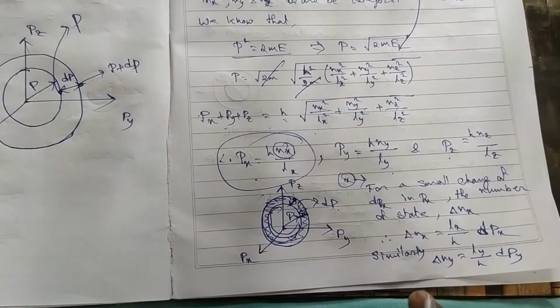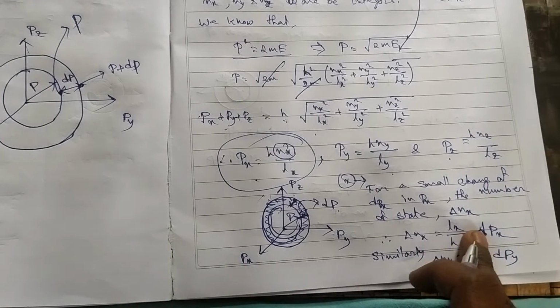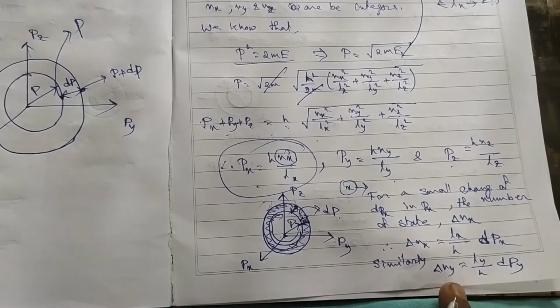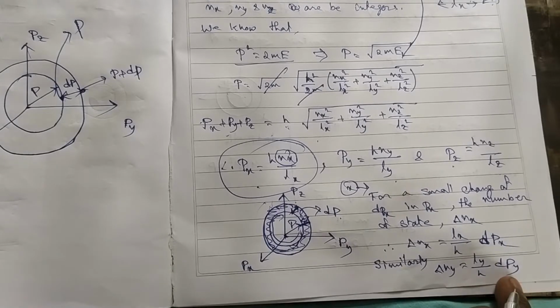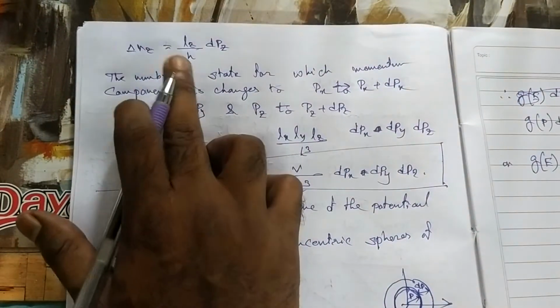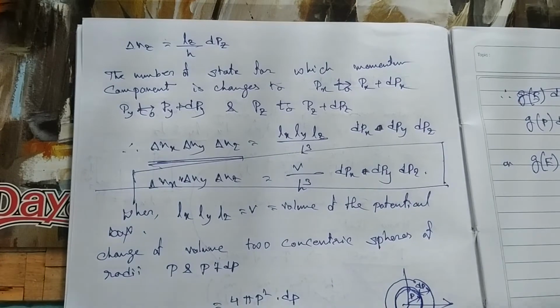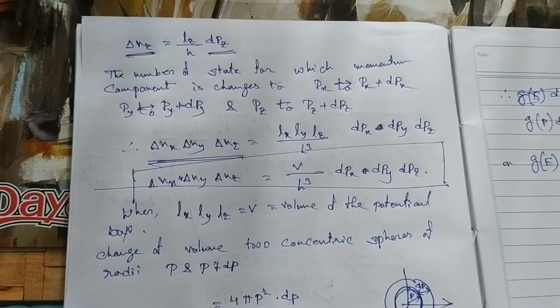That's why we write del nx is equal to Lx by h times dpx. Similarly, del ny is equal to Ly by h times dpy, and del nz is equal to Lz by h times dpz. For a small change dpz, the quantum number change is del nz.